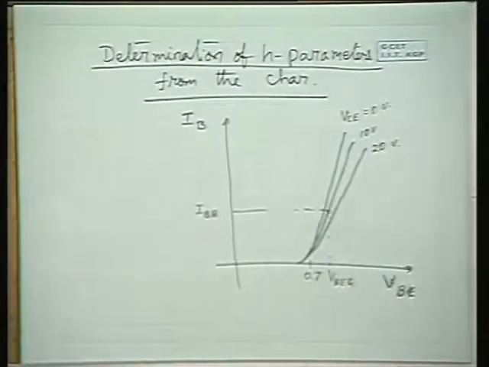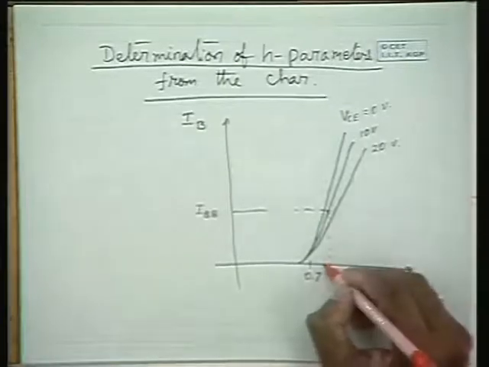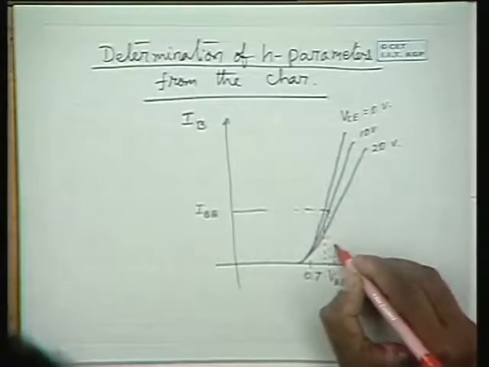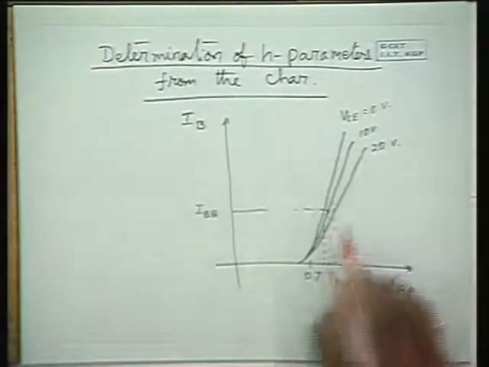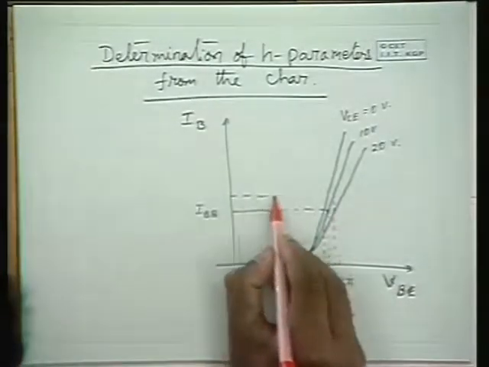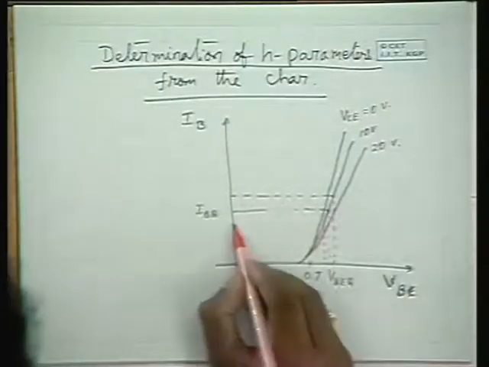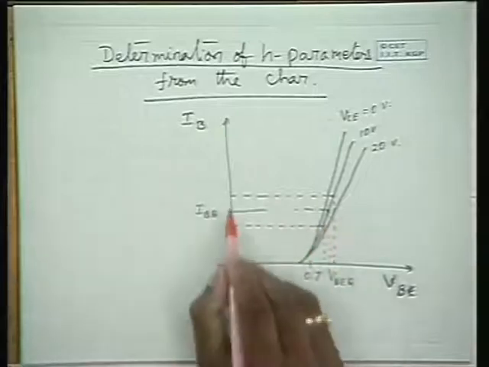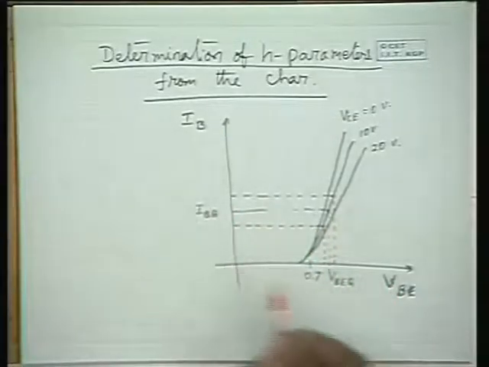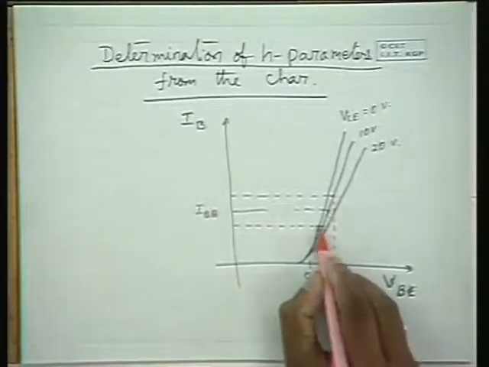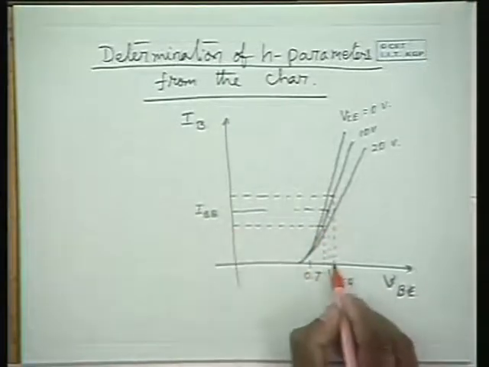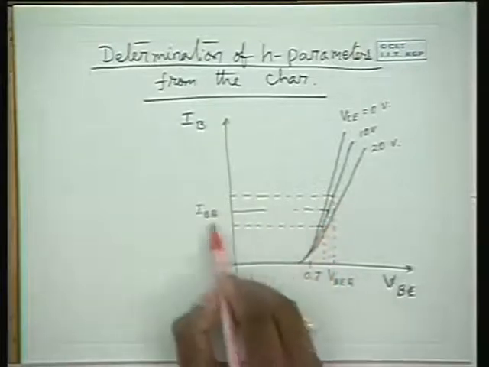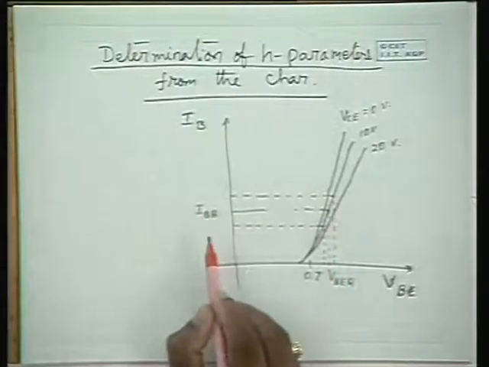Now if you apply an input AC voltage, it will produce an alternating input current, because when the voltage is here, the current will be like this. When the voltage is this much, the current would be like this. If there is a sinusoidal voltage impinged here, you will get a sinusoidal current there.